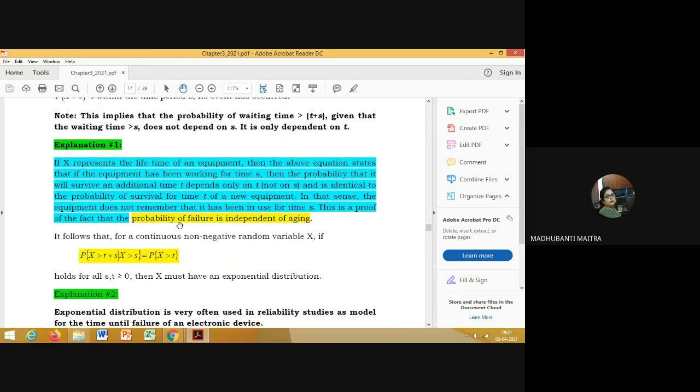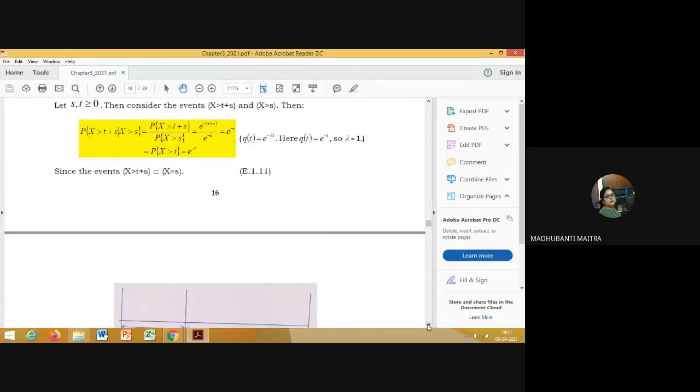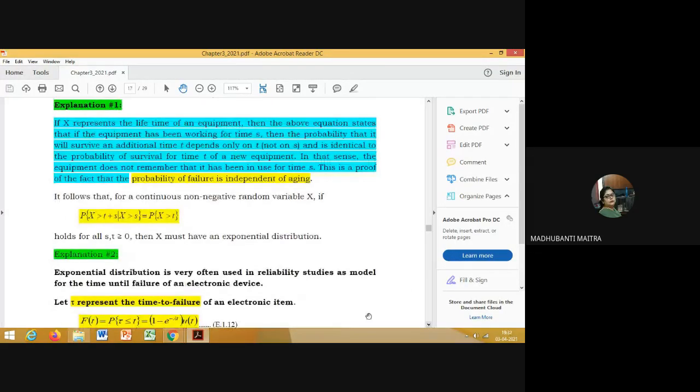So from this result, e to the power minus lambda t, we can infer that probability of failure is independent of aging. So it follows that for a continuous non-negative random variable x, if this particular conditional probability is equal to probability x greater than or equal to t, or in other words, if this equation holds, then we can say that x is following an exponential distribution.